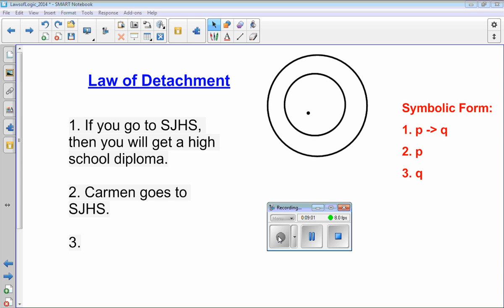The law of detachment is going to be our first example. What I'm looking for you to do is to draw on the front of the card the circles. It kind of looks like a Venn diagram. I want you to draw the circles on the front, and I want you to put the symbolic form on the front. On the back, you're going to write 3 statements.